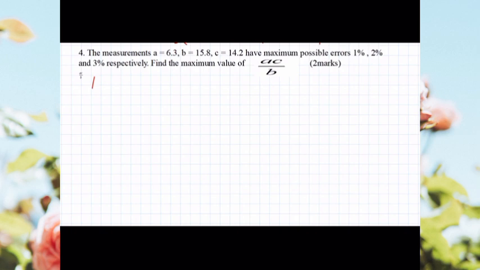So we want to find the maximum value of A multiplied by C, and then all of them divided by B. So here, we need to remember our knowledge on propagation of errors, and our question requires us to find the maximum of the product of A and C divided by B.